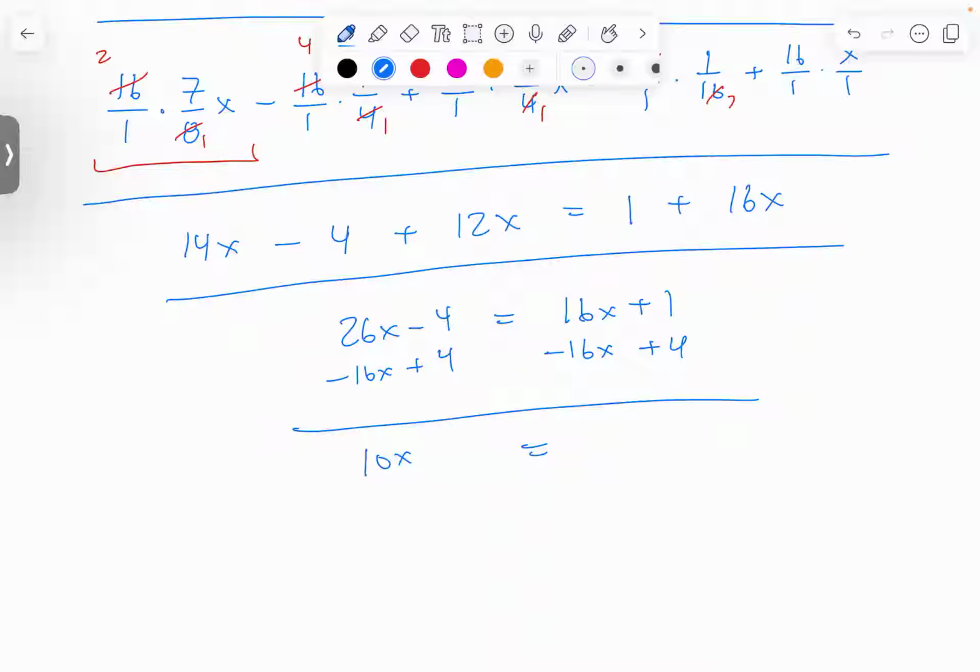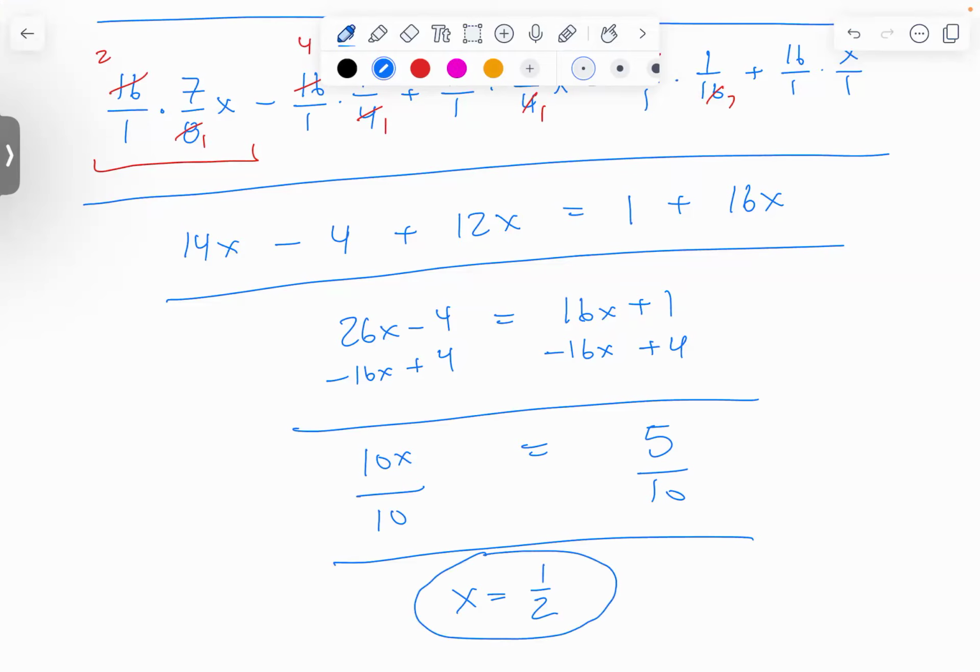All right, the negative 4 plus 4 goes away. 16x minus 16x goes away. And that leaves 5. And then one last step, divide both sides by 10. X equals 1/2. So notice how quickly this actually simplifies down.